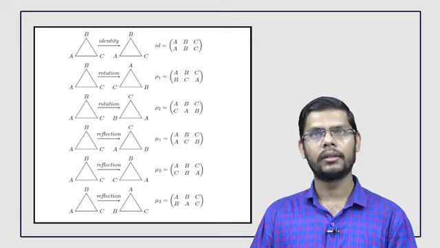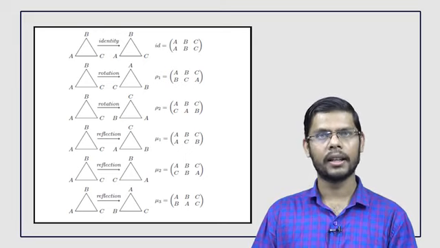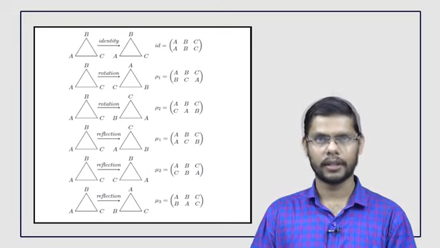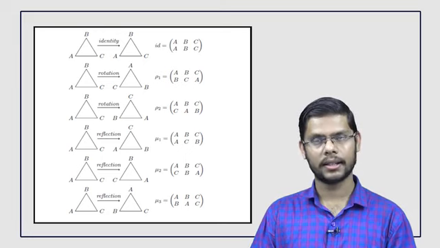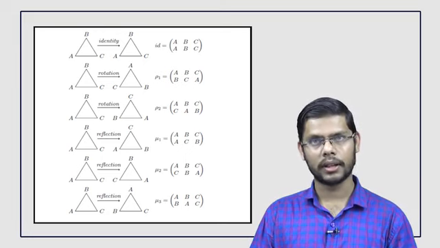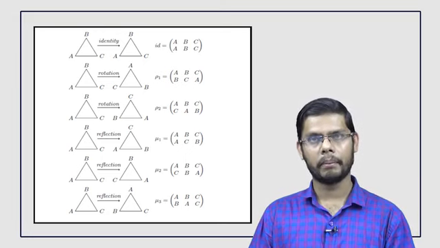In the fourth picture, the triangle is reflected with respect to an axis. The axis goes through the vertex A and meets the line BC perpendicularly.